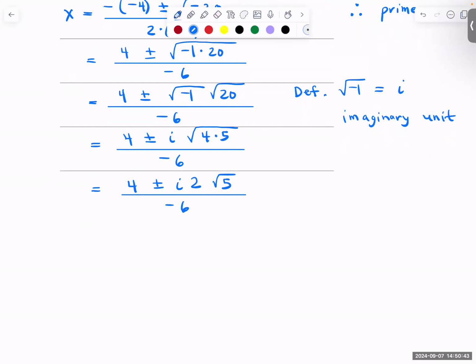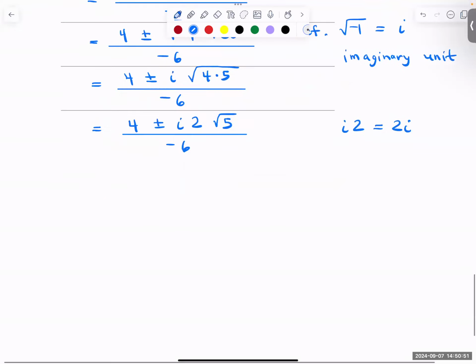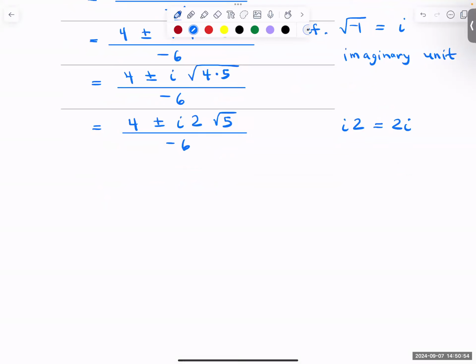As a side note, usually i times 2 is written as 2i. Now we're going to factor out the common factor of 2 in the numerator. So 2 times this 2 is 4 plus or minus i square root of 5, all divided by negative 6.